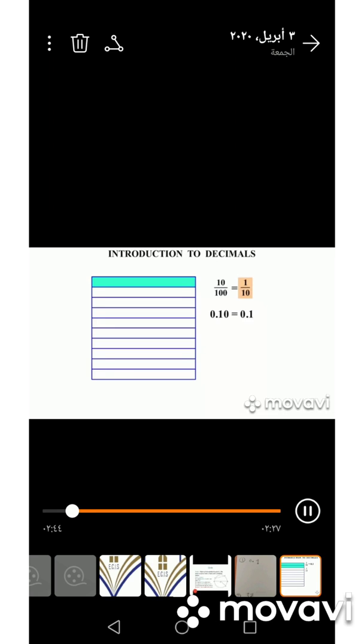What about 20 hundredths? Yes, I hear you. 20 hundredths equals how many tenths? Yes, 2/10. The same. 30 hundredths equals 3/10, and so on.